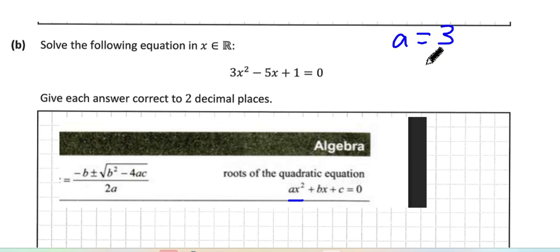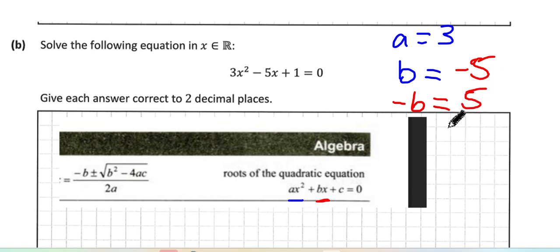It's the 3. What's the B value? Minus 5x. No x, just minus 5. The minus B value is where you do the magic wand on both sides. 5. And then finally the C value is 1. Is that okay?